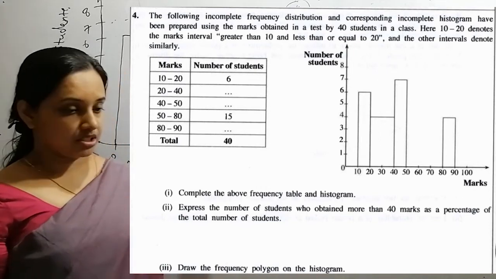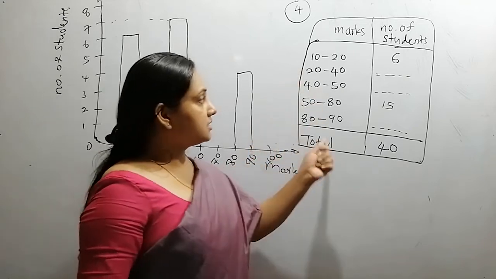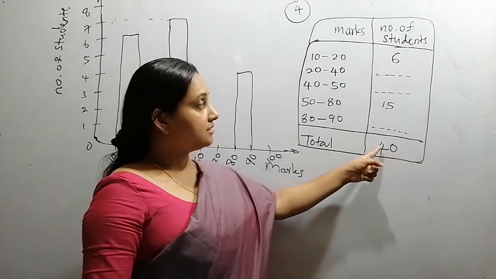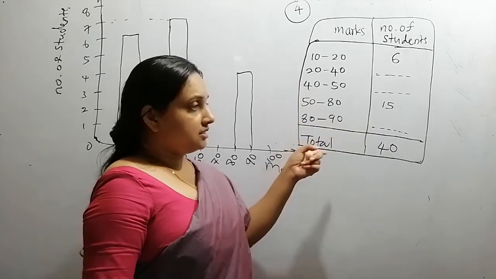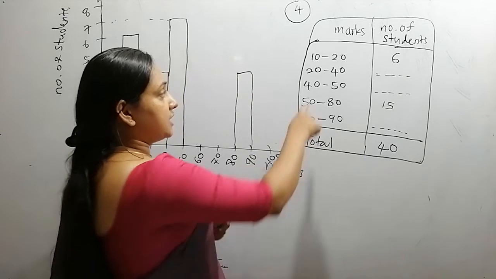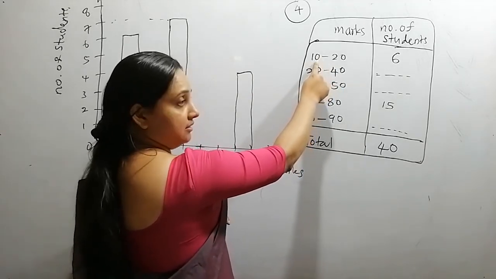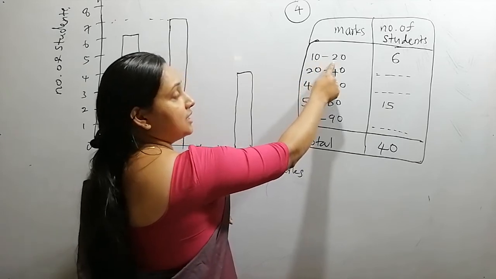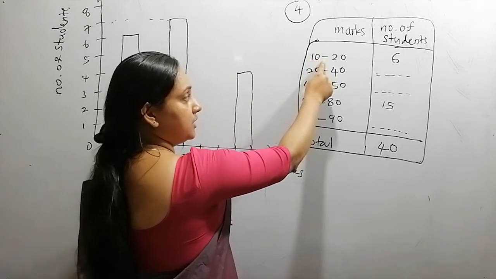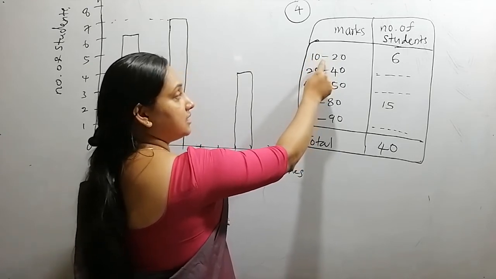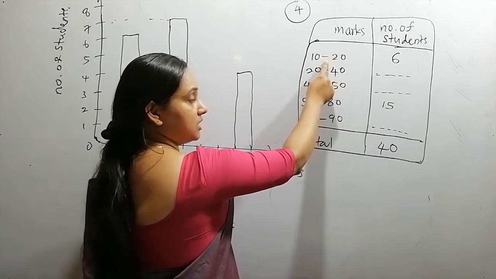In the question, this table is given. In this table, here is the marks interval and here the number of students belonging to the relevant groups. The 10 to 20 group means marks greater than 10 and less than or equal to 20. That means 10 does not belong to this group, but greater than 10 does, and 20 belongs to this one.